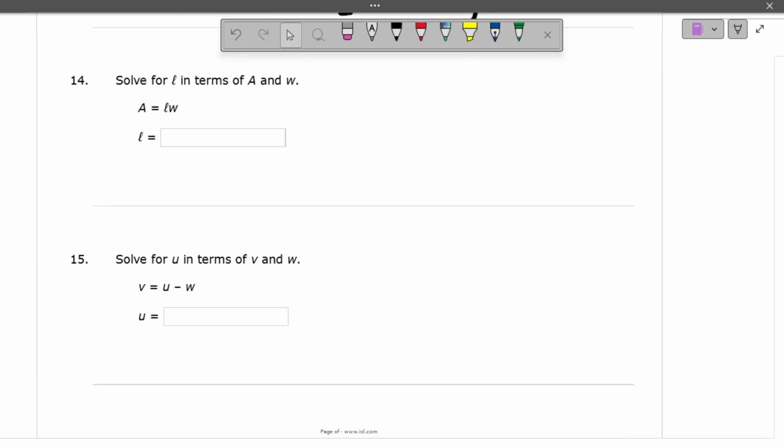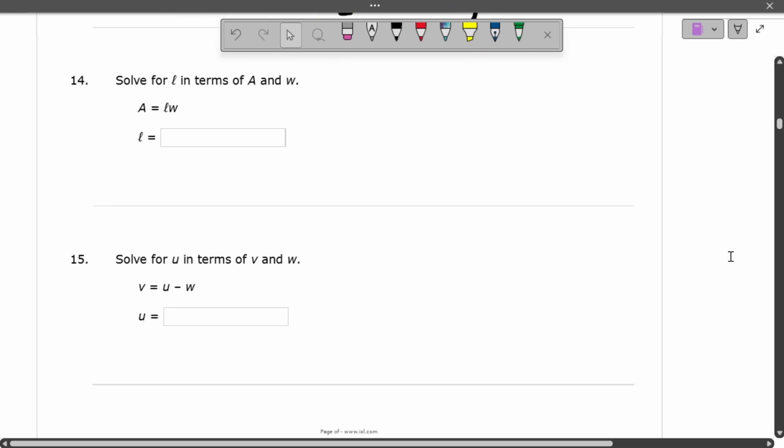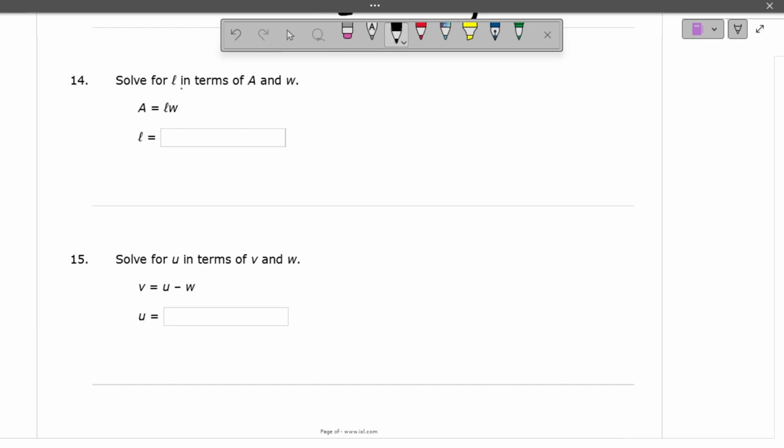All right, I'm going to scroll down here to 14 and 15. Number 14, solve for L in terms of A and W. So, again, we have A equals L times W. So I'll rewrite it here. And this is an L, not a T. But either way, we're solving for this variable right here.